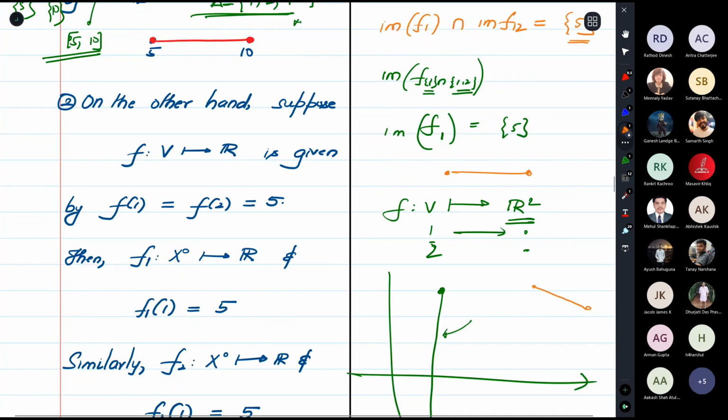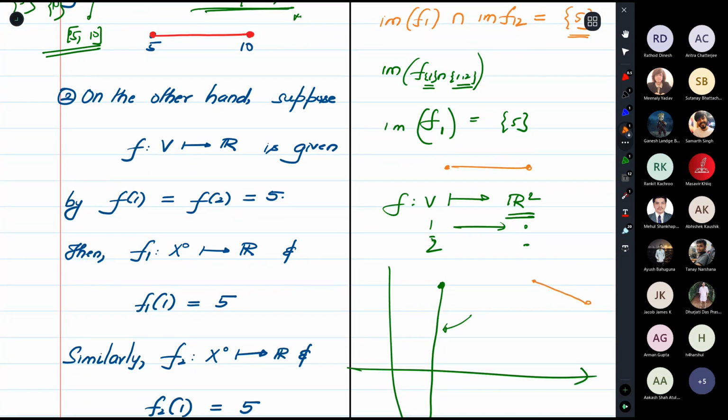Is this okay? Let me pause here for a second or two. If there are any questions with regards to how we came up with this geometric realization? The eventual drawing may look very simple, but the recipe is what I want to make sure you understood, how we adopted the recipe and came up with that geometric realization.